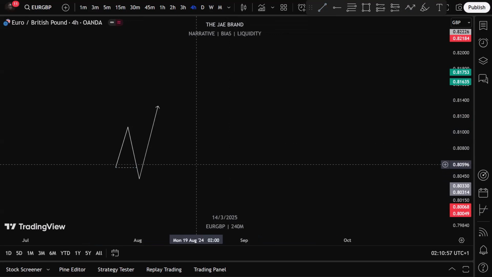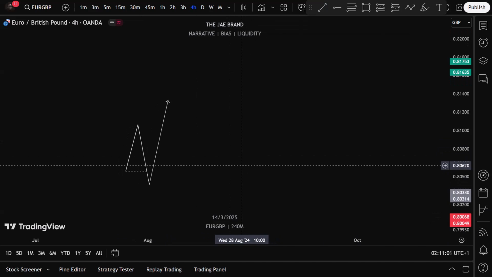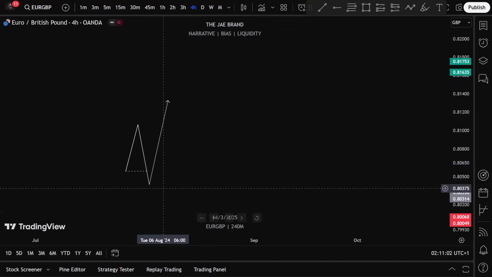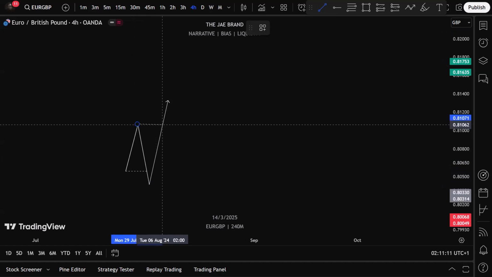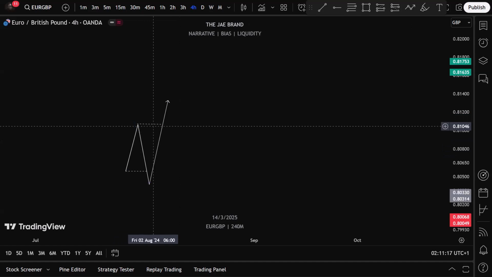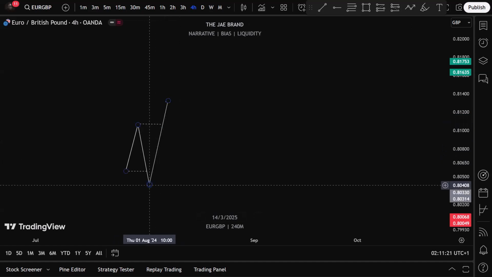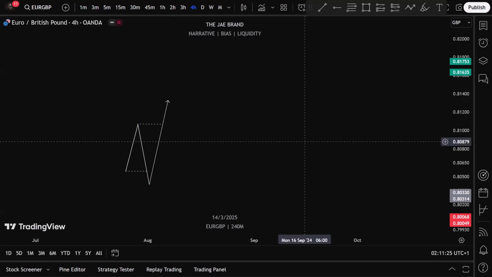Now if we are to analyze this swing structure to see how it really looks like, if this is your sweep, this becomes your break of structure. Please guys, pay attention. I'm going somewhere. This becomes your break of structure. This becomes your swing low, and this becomes your swing high.